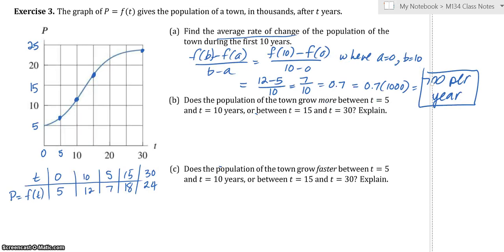Part B asks, does the population of the town grow more between 5 and 10 years or between 15 and 30 years? Okay, so I'm going to look at 5 and 10. So I haven't valued 5 yet. So I said it's about 7. Again, you can say 6, you could say 8, but I'm choosing 7. 15 is in between the 10 and the 20 here on the input.